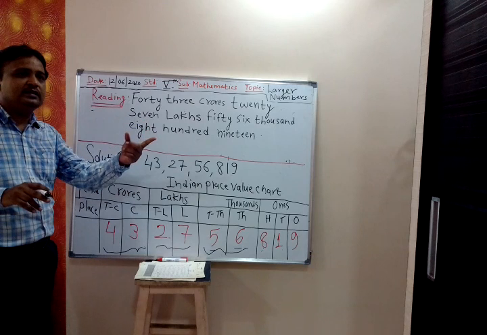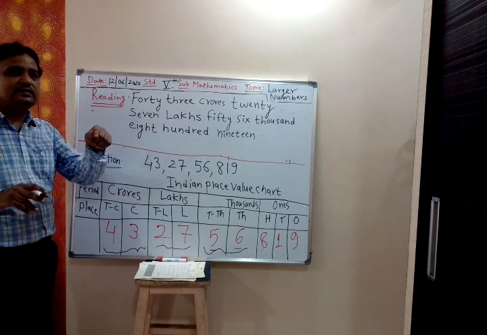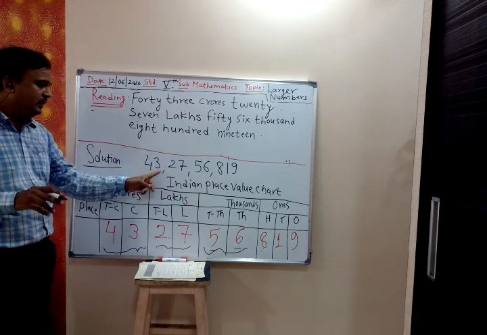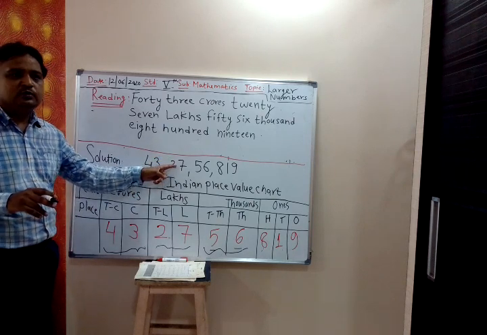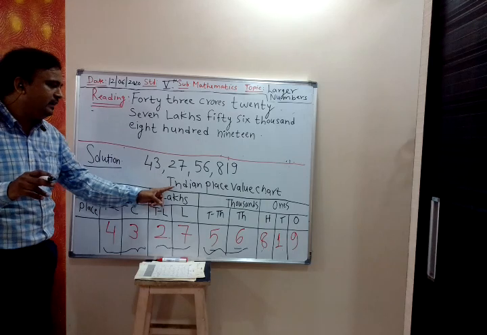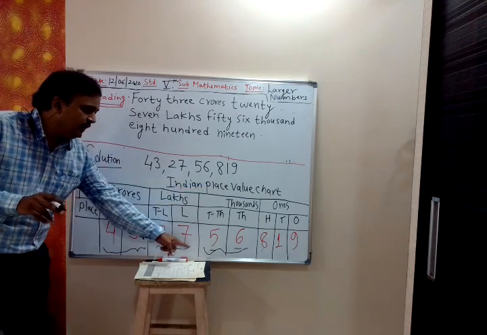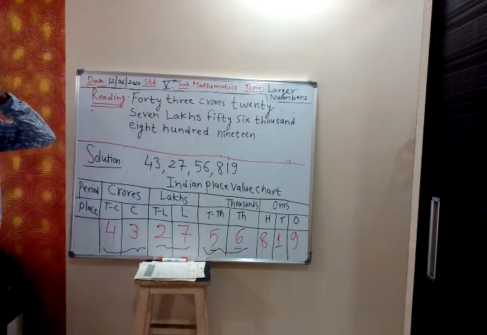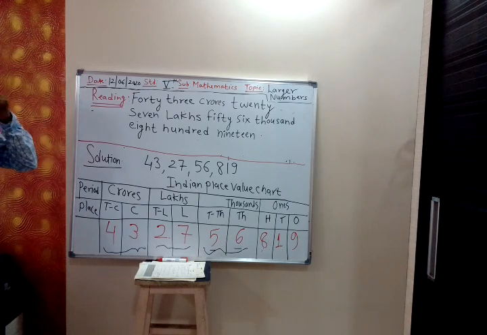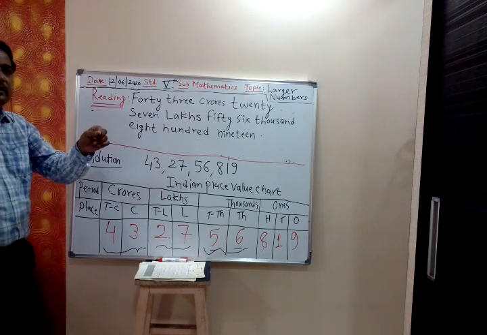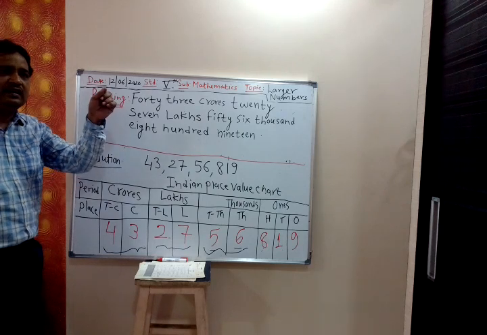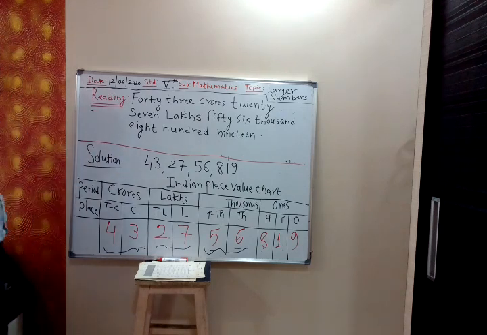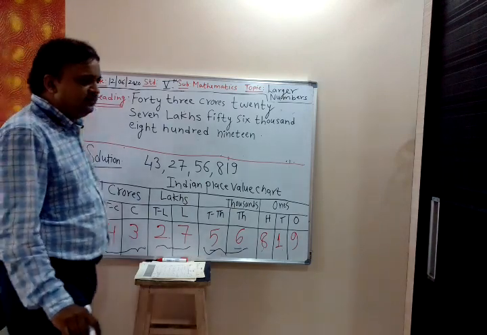Now this number is given in the Indian system of numeration, so I will place this number in the Indian place value chart, and then I will read the number. So this comma makes you identify whether it is the Indian or international system of numeration. Is it clear?